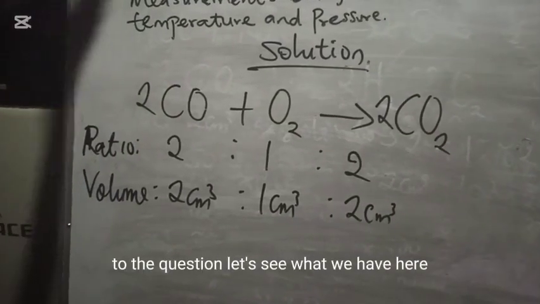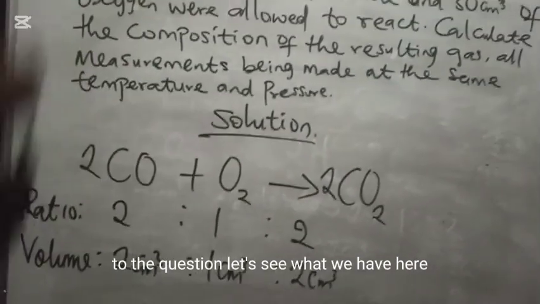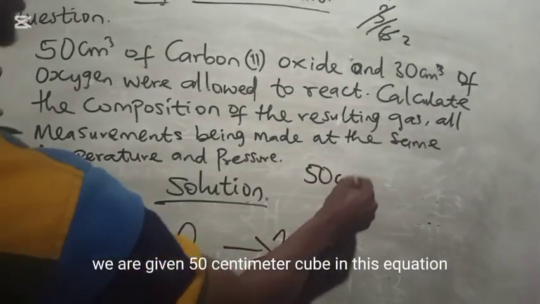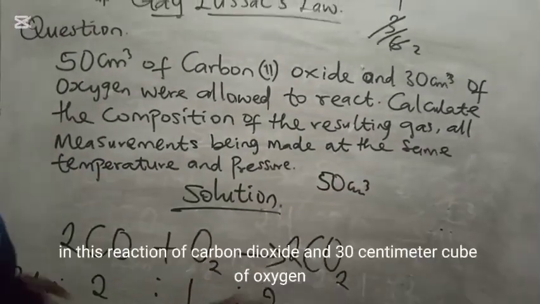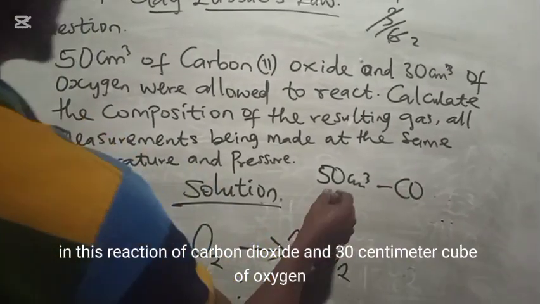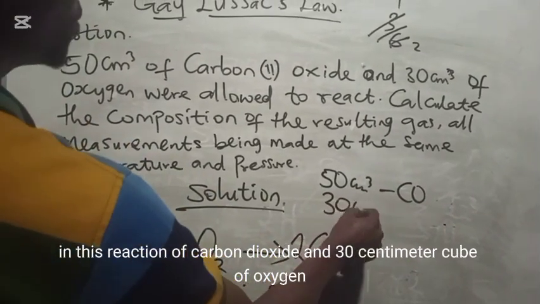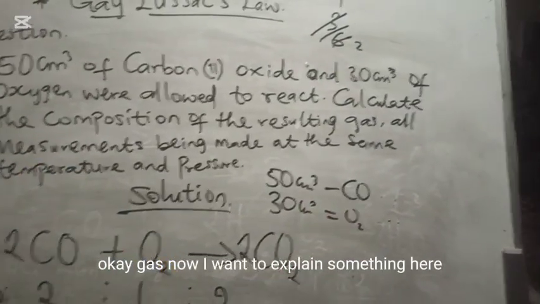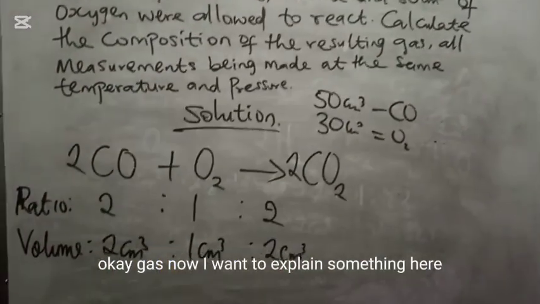All right, to the equation, let's see what we have here. We are given 50 centimeter cube in this reaction of carbon(II) oxide and 30 centimeter cube of oxygen gas. Now I want to explain something here.